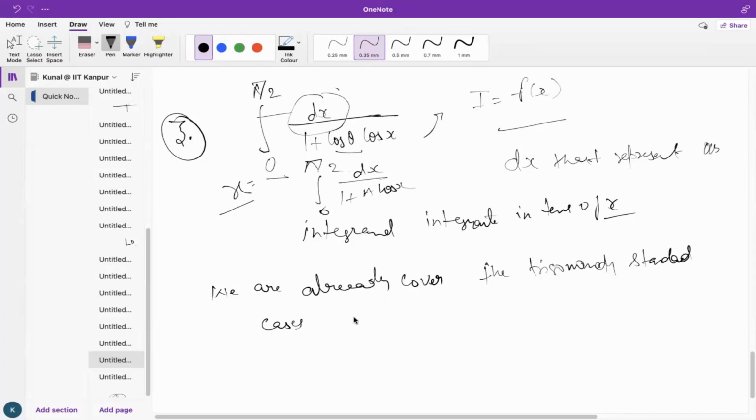indefinite integration trigonometric standard cases, like if somewhere you found the integration of a cos x plus b sin x plus c sin x cos x, or whatever you find.